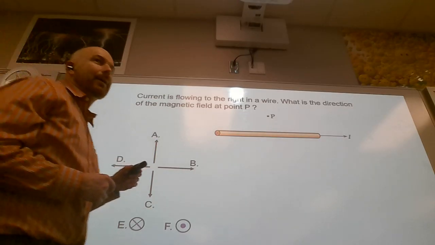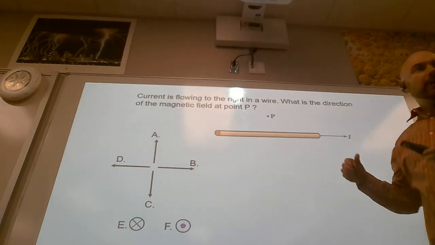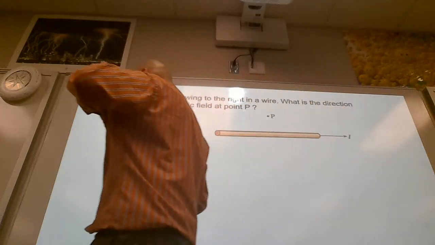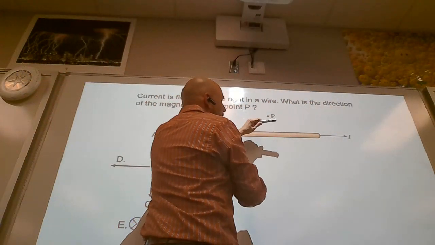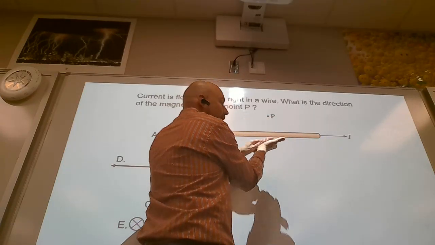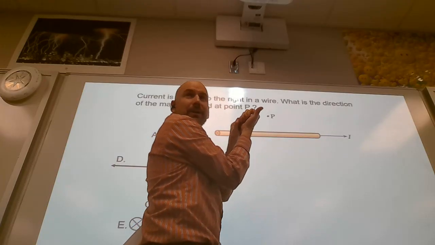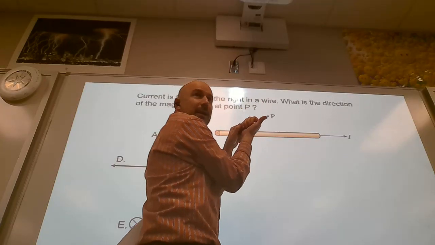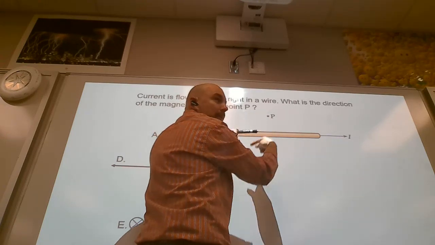All right. Here's another way you can look at this. So you got your pen. You're going to grab it with your thumb going to the right because that's the direction of current. Your fingers are wrapping around this way. Pretend you are spinning a tennis ball on a string in the direction that your fingers are going.